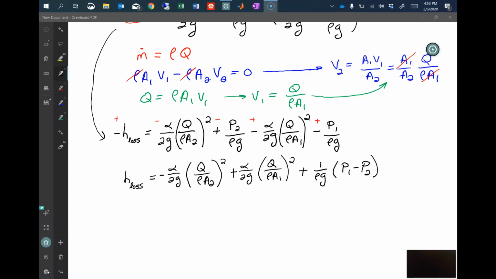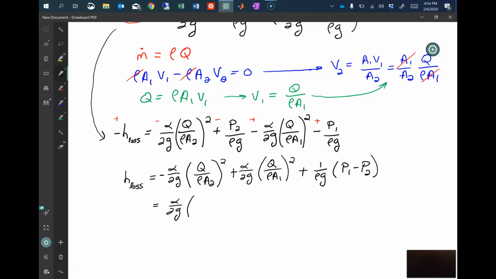Okay, so now all I'm going to do is try to plug into these things here, and maybe I'll simplify it a little bit more before I pull out my calculator. I'll take these two terms, rho over 2g.